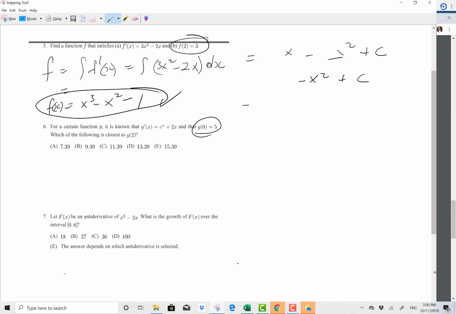For number 7 now, let me check my notes. They want us to find, so this right here, we realize is the antiderivative of that. So the antiderivative, f of x, is simply going to be x cubed over 3 minus x squared plus c.